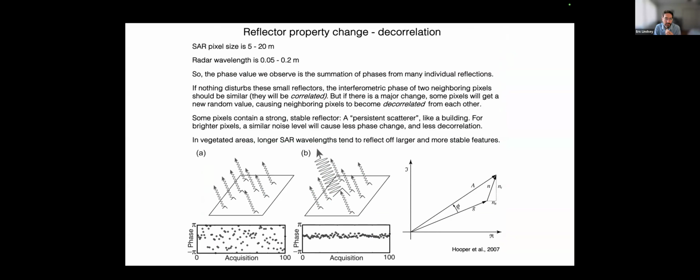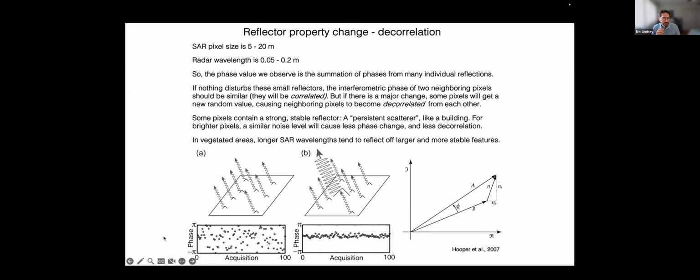Decorrelation happens when the phase values get randomized between the two image collection times. If you think about what's happening in a pixel, one pixel actually contains a lot of different reflectors within it, right? If the pixel size is 10 meters but the radar wavelength is 5 centimeters, the radar is reflecting off of everything within that pixel and bouncing back toward the satellite.